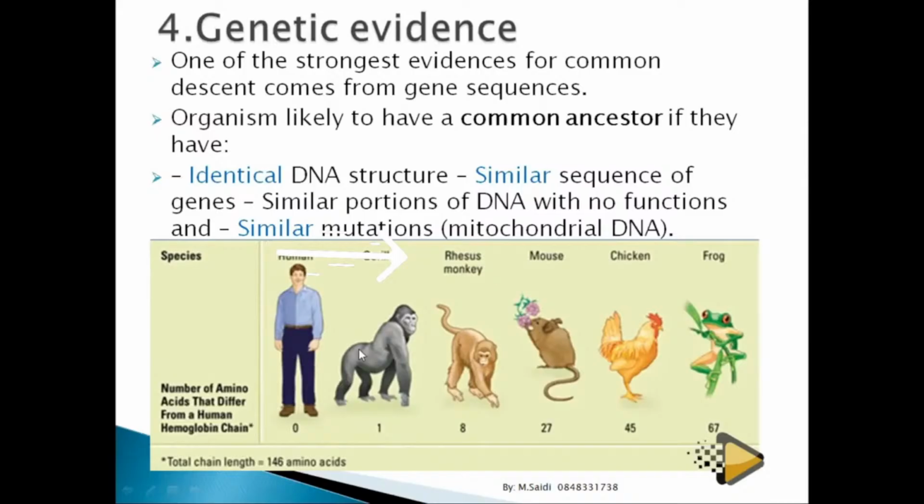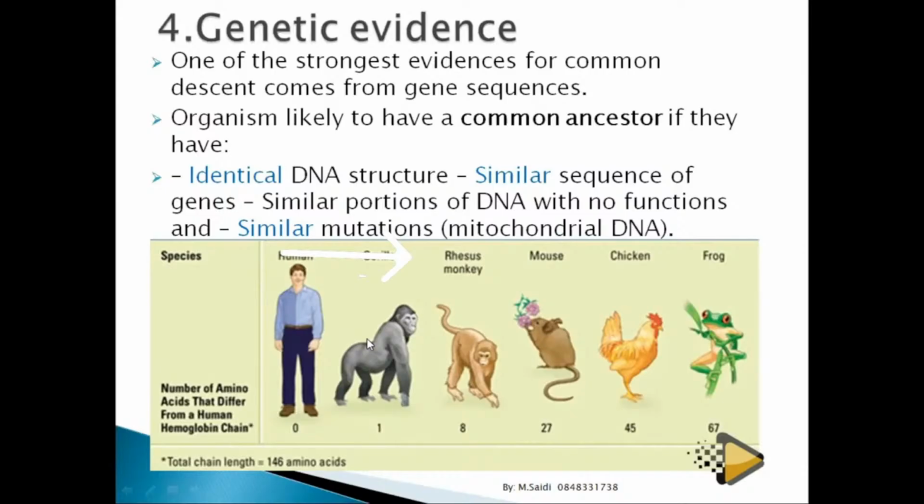Then it means that humans and chimpanzees are almost the same. Humans and monkeys have 8%. It means that we are almost the same, but monkeys are a little bit different from humans compared to the chimpanzee. And then rats, we have 27%. It means that one day we and rats were the same organism, but we diverged a long time ago, and that created 27%.